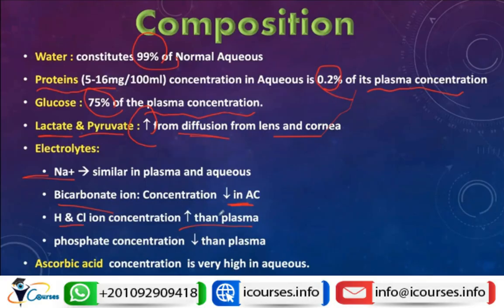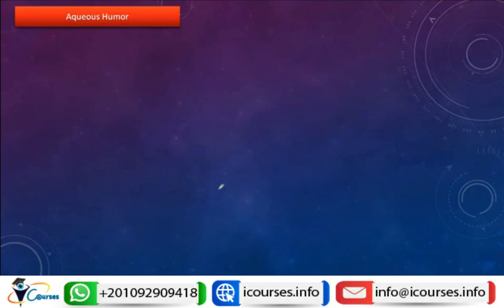This is the same as in the tear film. The phosphate concentration will be less than the plasma. And the ascorbic acid, as we said, will be very high, about 50 times more in the aqueous than the plasma. So these are the main contents of the aqueous, and their ratios.